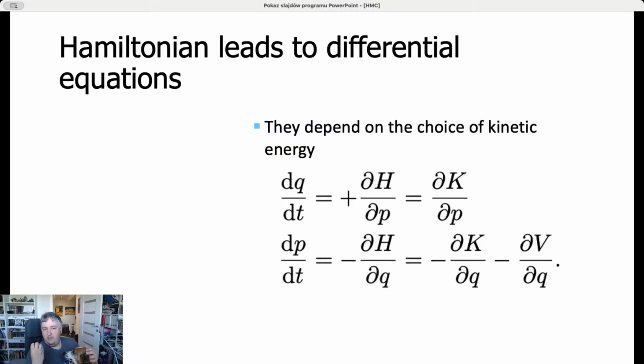And the idea of the Hamiltonian equations is that we can compute the equations of motion by differentiating our Hamiltonian: for the equation of motion of position, with respect to the momentum variables, and for the equation of momentum, with respect to the position variables.